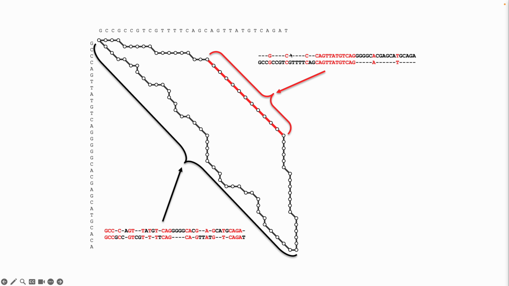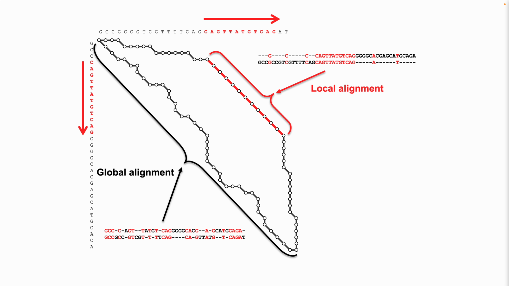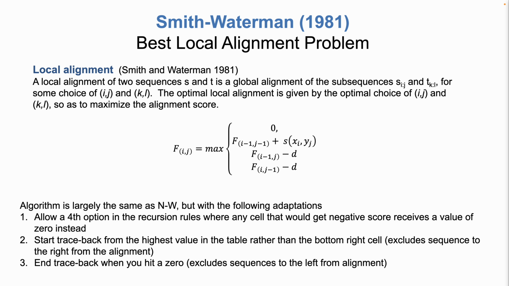The second one is the top alignment, showing the best local alignment. And how you get that is by weighting the insertions and deletions differently. That's one way to do it. So, the local alignment versus the global alignment.